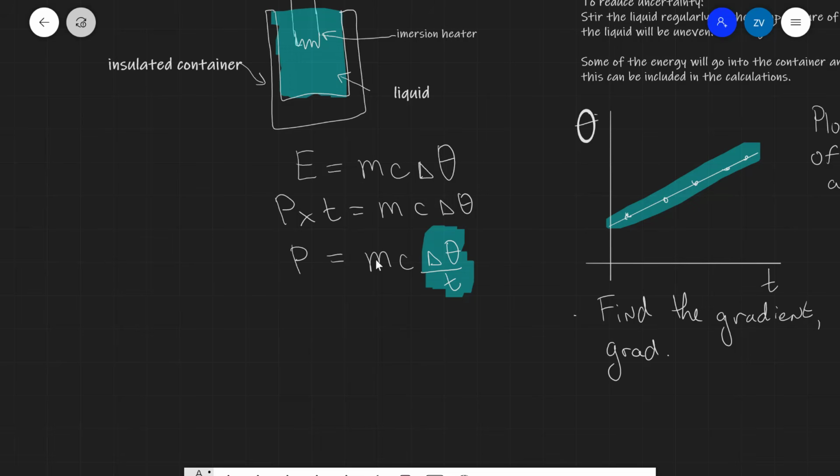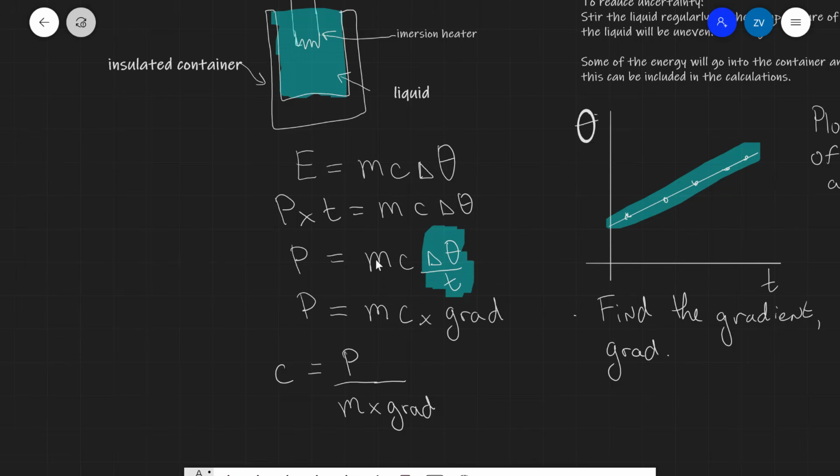Well, that means that the power will be equal to the mass times the specific heat capacity times the gradient of our graph. So what we need to do afterwards is rearrange for specific heat capacity. Specific heat capacity will then be equal to the power divided by the mass times the gradient.